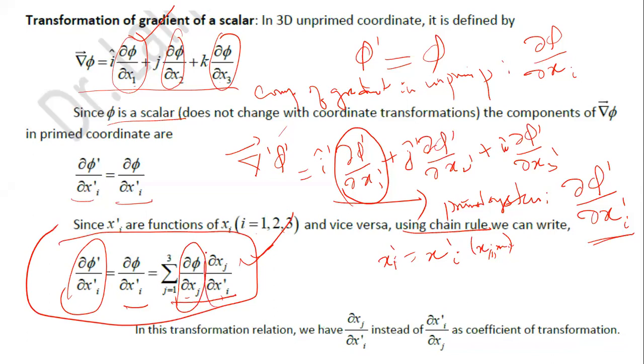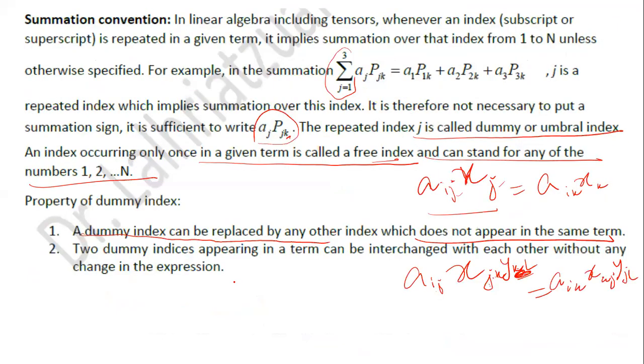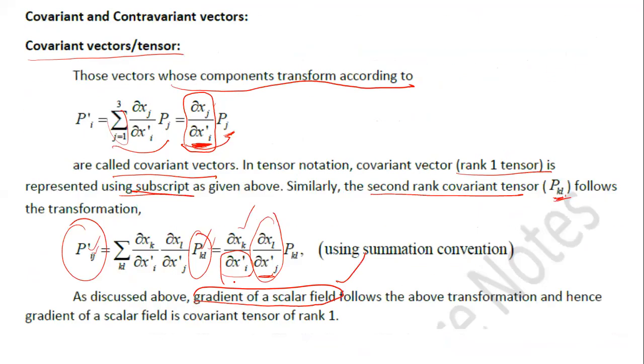The transformation coefficient is again a partial derivative, but it involves the primed coordinate variable in the denominator. Then this is called a covariant tensor. When the primed coordinate variable is in the denominator, it is called a covariant tensor. These are things you should keep in mind.